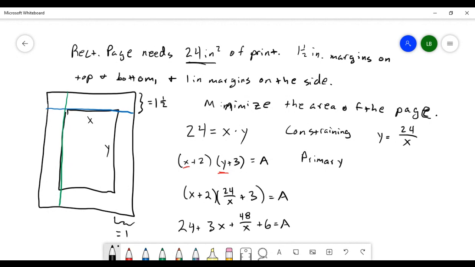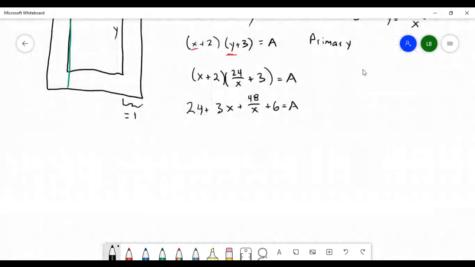So now if we take the derivative, we don't have to use the product rule. We can say that the derivative of a is just 3 times x minus 48 over x squared.